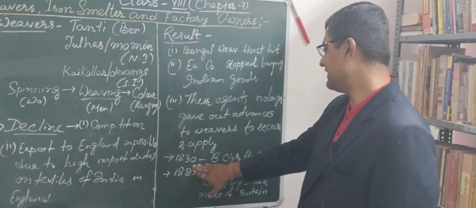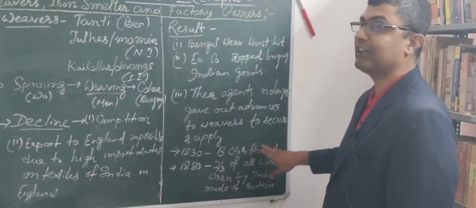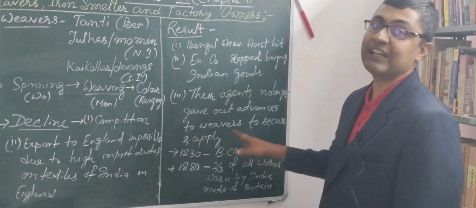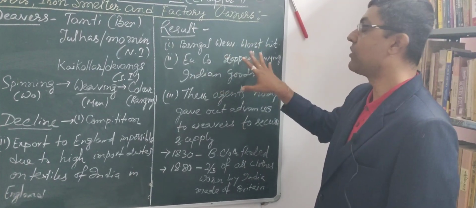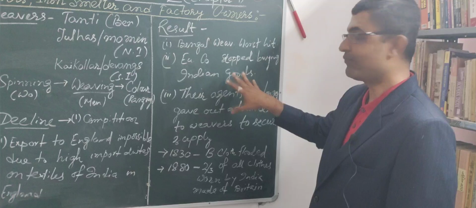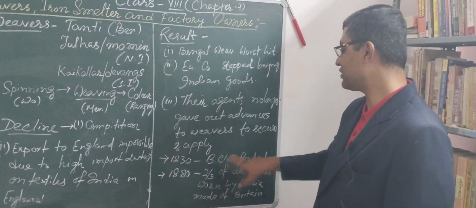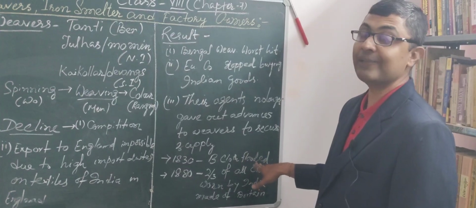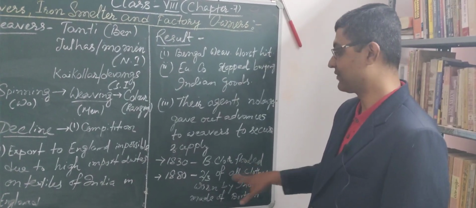Now, in the 1830s, British cloth flooded the Indian market. After the destruction of the Bengal industry, in the 1830s we find that British cloth flooded the market of the Indian subcontinent.